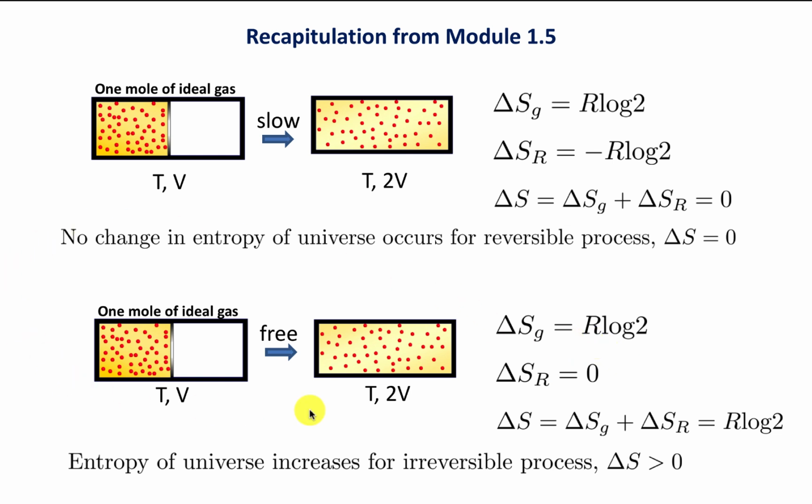This itself is the universe in that case. And so the total change in the entropy is positive. It is R log 2. And we've seen, therefore, that the entropy of the universe increases for an irreversible process. It is not zero, it is bigger than zero, because the log of 2 is a positive number, as indeed is R, the gas constant.